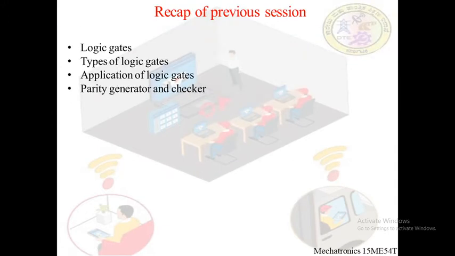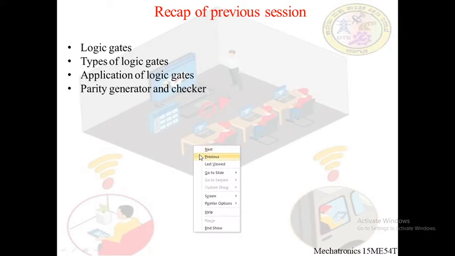In our previous session, we had seen logic gates. We understood what exactly logic gates are. Logic gate forms the basic building block of any digital circuits. We had seen three basic gates: AND gate, OR gate and NOT gate, and two universal gates, that is NAND gate and NOR gate, and arithmetic gates like XOR and XNOR.